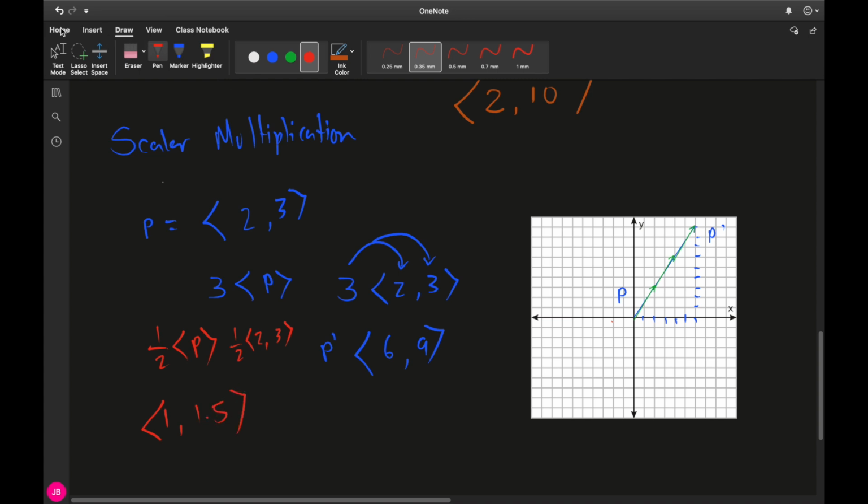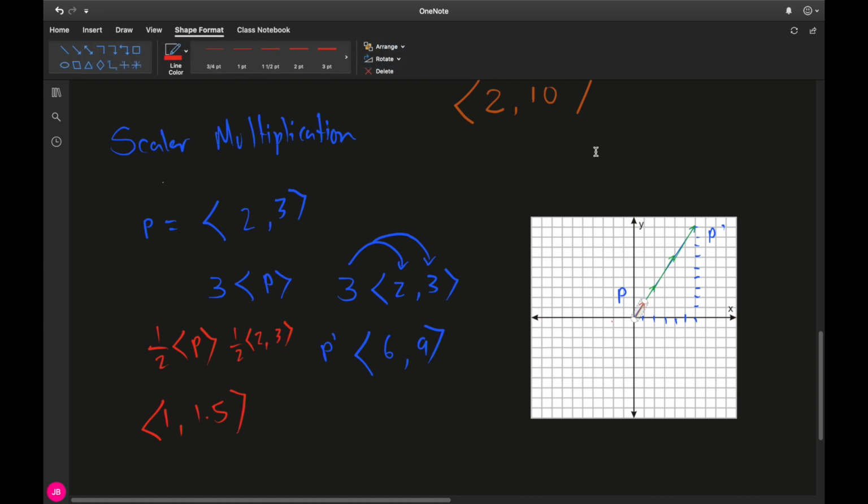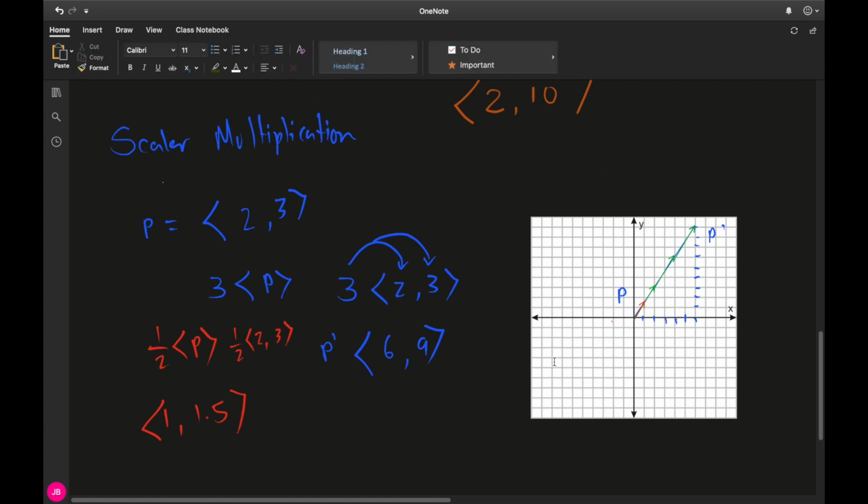And in this case, what you did was you ended up making this shorter by about half. And so there you go. That's scalar multiplication in a nutshell. It's very, very simple. And the only thing that you have to worry about is distributing and making sure that you count the negatives, just in case.